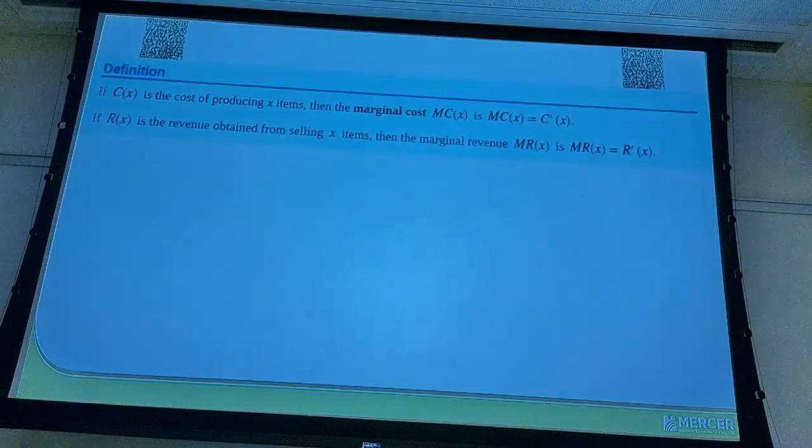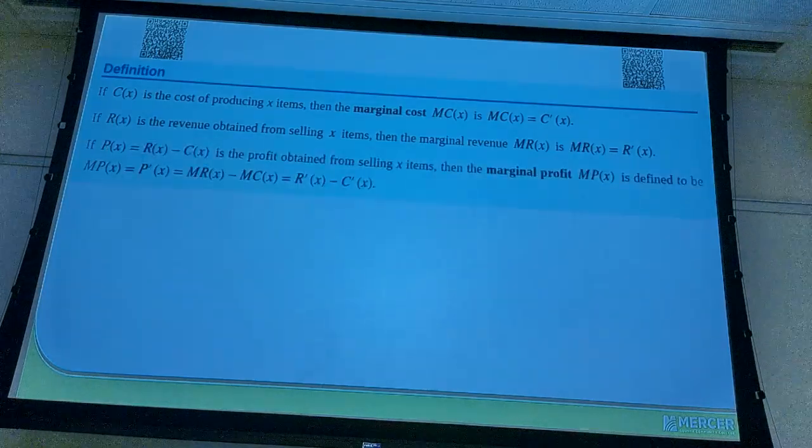The marginals are with respect to units produced, not time. Then you have your profit function, revenue minus cost, and marginal profit as well, which is the change in profit with respect to units produced.